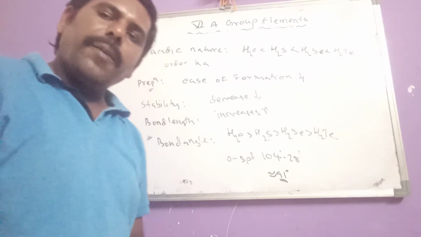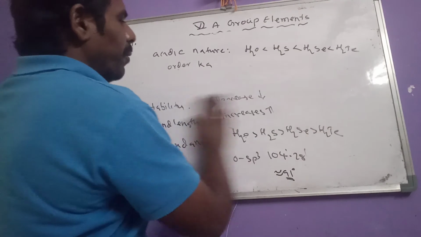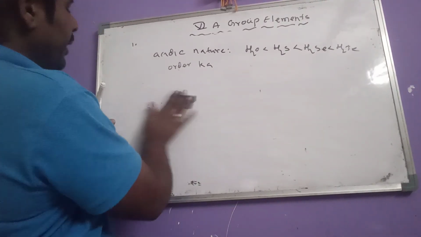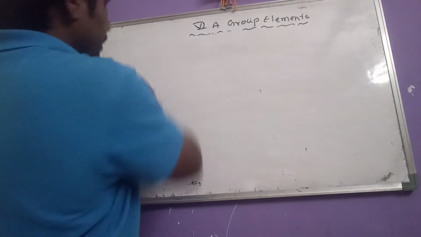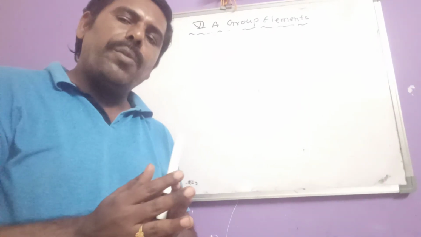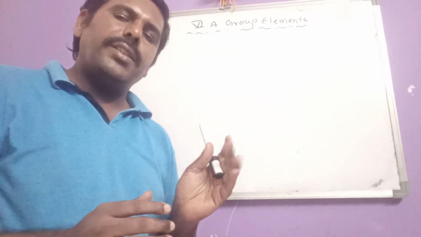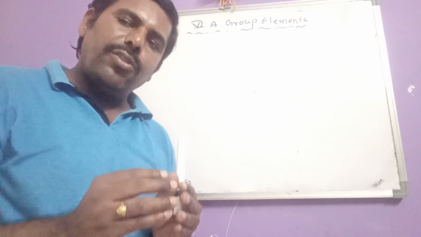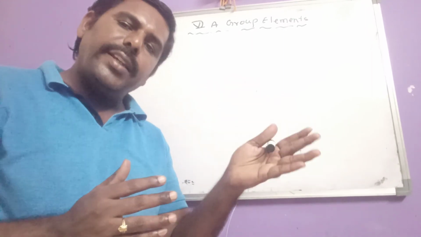Then come to the boiling point order. Generally, as molecular weight increases, boiling point also increases. That means H2O should have the least boiling point and H2Te the highest. But due to intermolecular hydrogen bonds, H2O dominates over H2Te also.